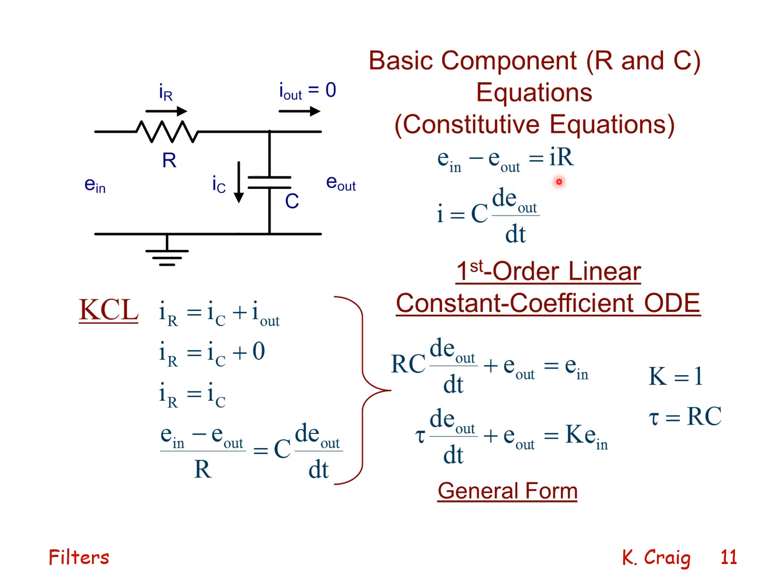We know that for a resistor, the voltage drop across the resistor divided by the resistance will give me the current flowing through the resistor, or in this case, E in minus E out equals I through the resistor times R. And I sub R through the resistor and I sub C through the capacitor are the same, and we just call it I. For the capacitor, the current is proportional to the time rate of change of the voltage across the capacitor.